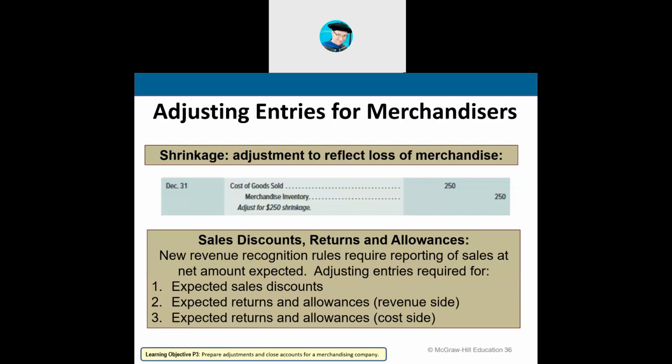So at the end of the accounting period, we make an adjusting entry for that. We debit cost of goods sold and we credit merchandise inventory. What that does is it shows that it's sold, but we didn't really sell it. We still had a cost associated with that inventory, and the inventory is no longer in our possession.